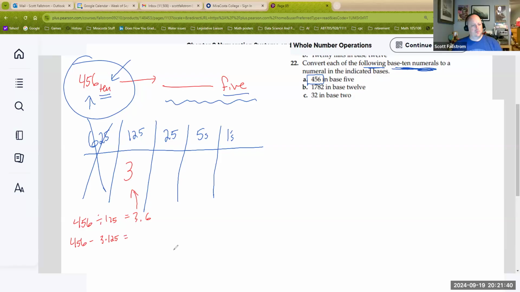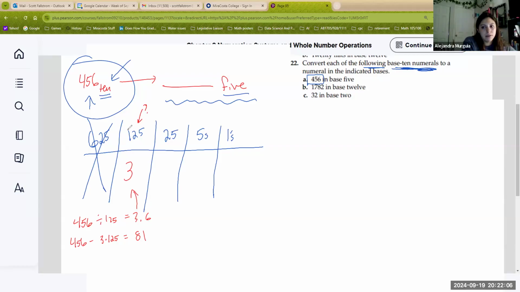And let's see what's left over. 125 times 3 is 375. But 456 minus 375 is 81. Okay, so you got 81 left over. Do you have enough for another group of 125? No, so I have to go to the 25s.